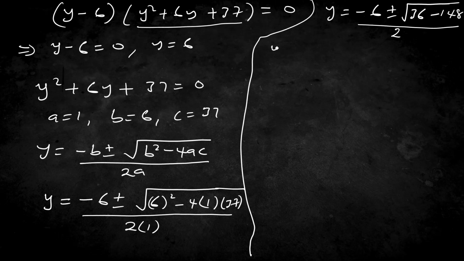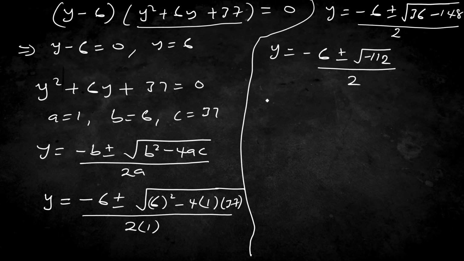So we have y equals minus 6 plus or minus the square root of 36 minus 148, that will be minus 112, on 2.